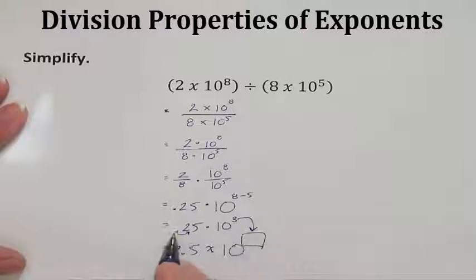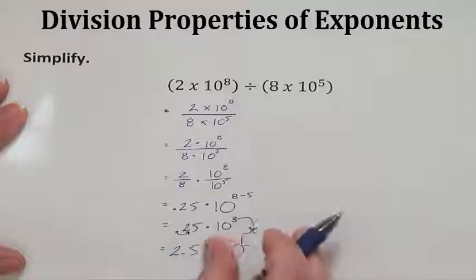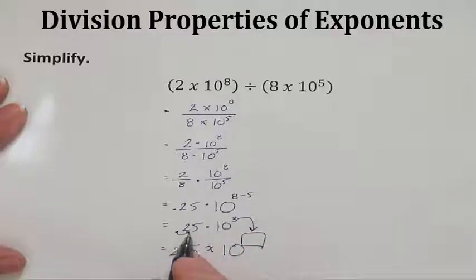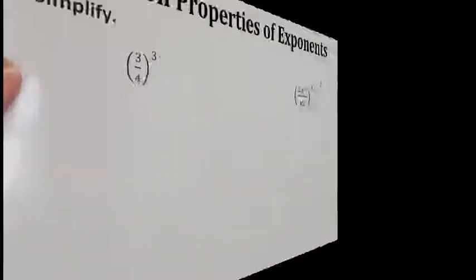It's not a 3 because we changed the place value of the decimal point. Originally, this exponent was a positive 3, which meant this number is supposed to be getting bigger than 1. We just got one step closer to bigger than 1, which means we don't have to do as many movements, which means we already did 1. So it's now a 2. So this is now in scientific notation, and you're done.